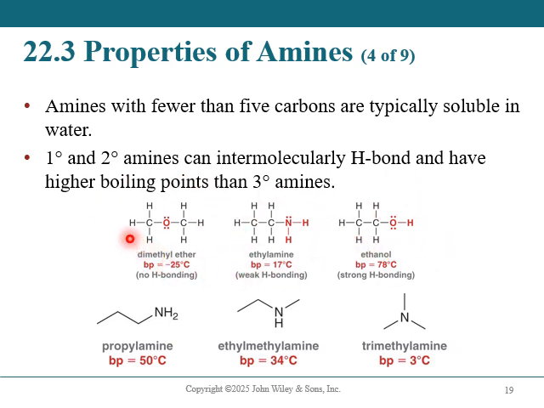You can see that the methyl ether has zero hydrogen bonding, no opportunity to hydrogen bond. The boiling point is really low, negative 25 degrees Celsius. Here we have very weak opportunities for hydrogen bonds, so 17 degrees. Ethanol, very strong hydrogen bond opportunity here, so 78 degrees Celsius, even though they're actually the same molecular mass.